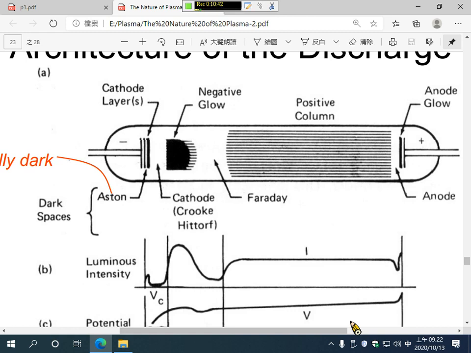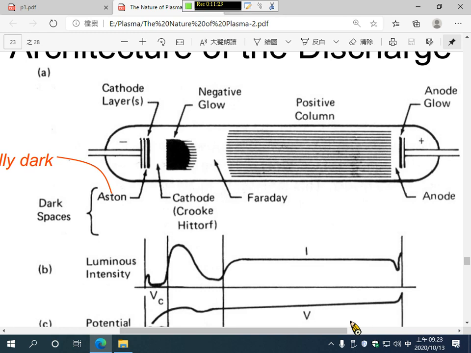So you should already know that these reactions exist in the negative glow.